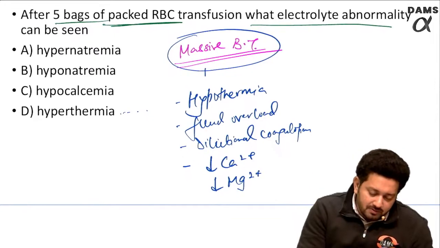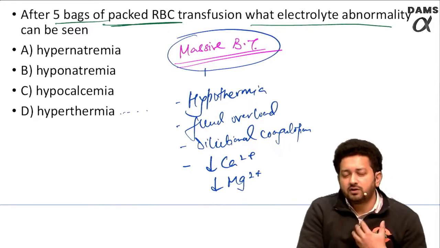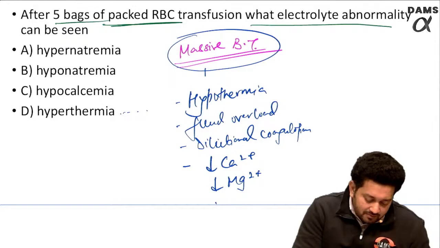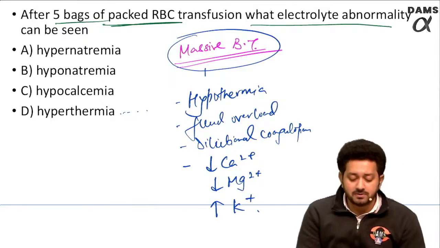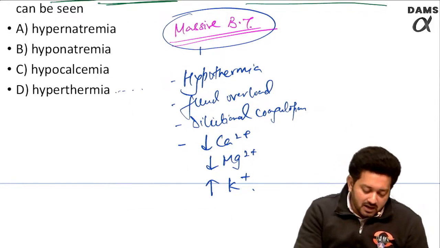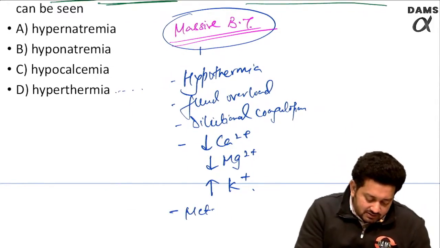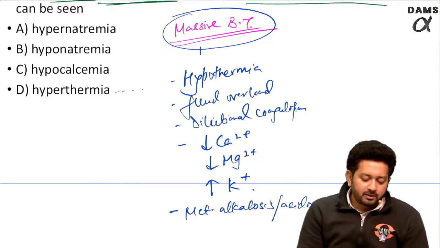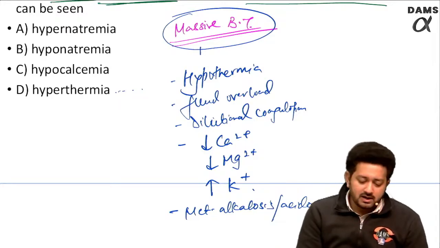Now, in the stored blood, the RBCs lyse, and from the lysing of the RBC, potassium comes out, so there will be hyperkalemia. There can be metabolic alkalosis or acidosis can also be seen, although alkalosis is more common. So these are some of the important things you will see.